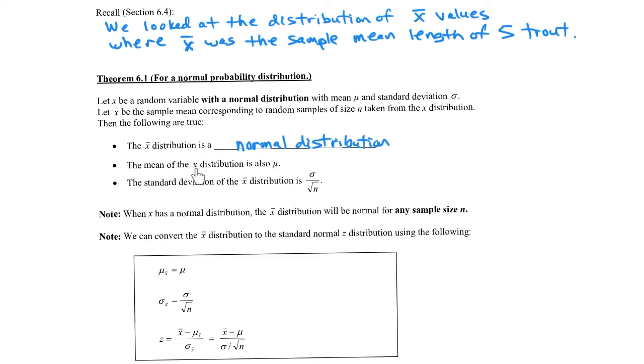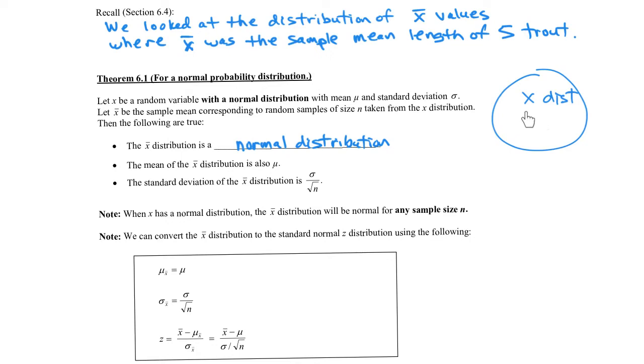And the mean of the x bar distribution is the same as the mean of the x distribution. If you remember the example from 6.4, the x distribution was the distribution of lengths of trout in the entire pond, right? So this would be thousands of numbers.